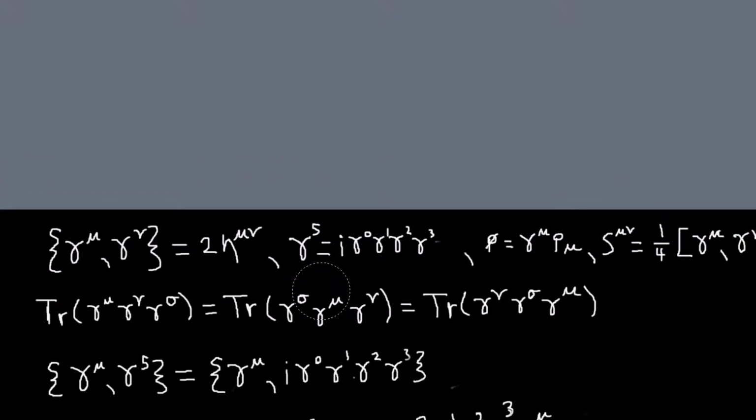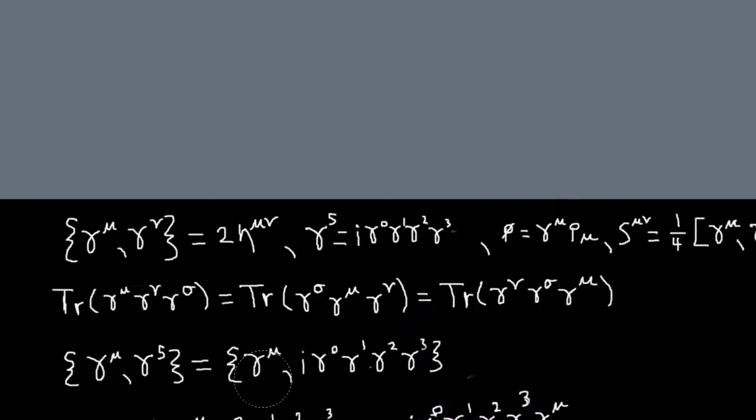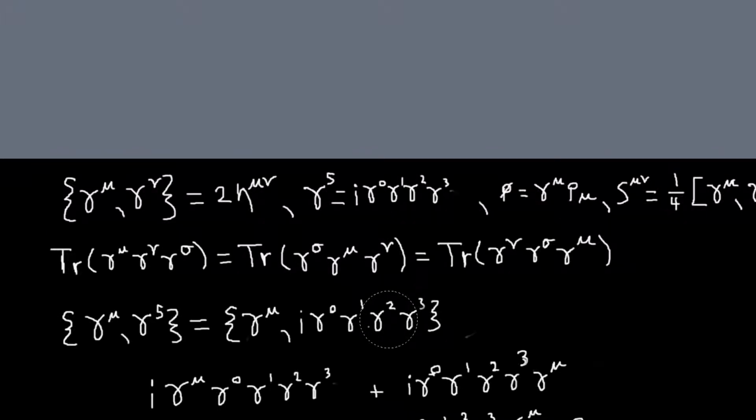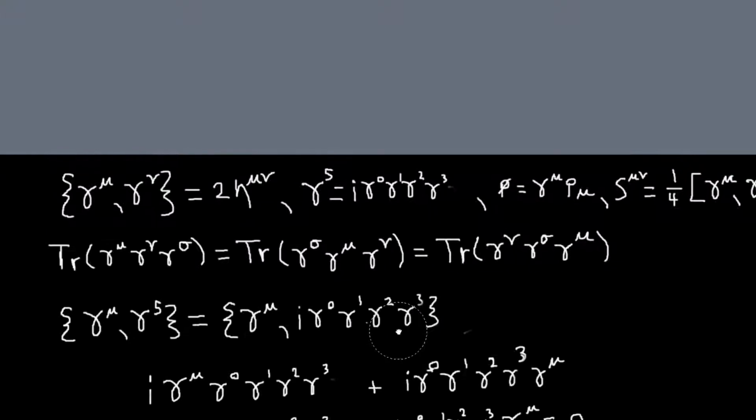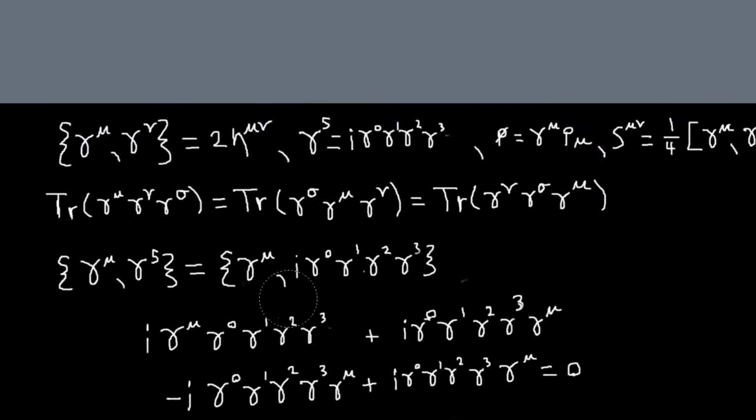Another thing we'll need is to know what the anti-commutator of gamma mu and gamma 5 is. So I just write it out, basically using the definition of gamma 5. I can write it as these two terms.